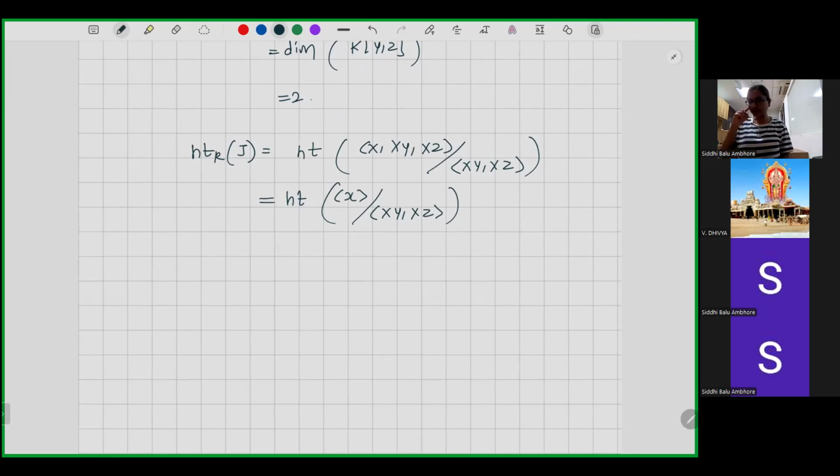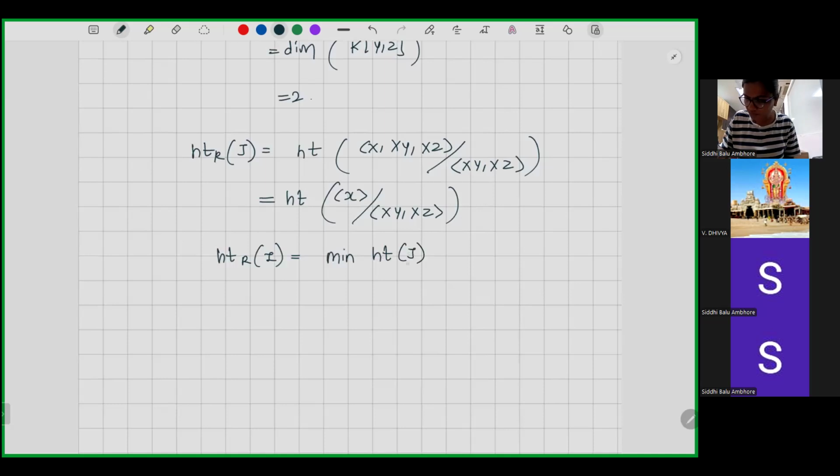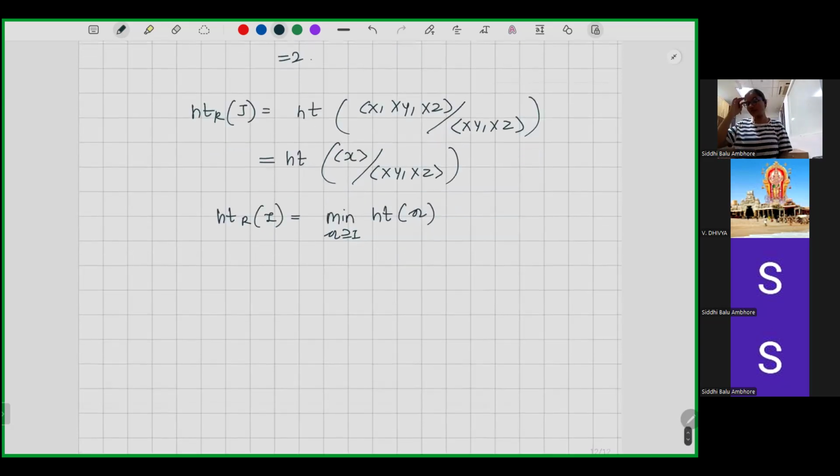So the height of some ideal is what? It is the minimum of the heights of primes P containing the ideal. Very bad notation, but yes. So X is the ideal which contains it. The height of this is just 1 or 0, okay? I hope you understand.